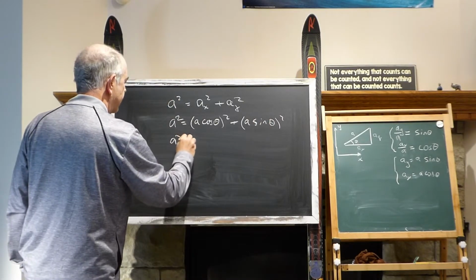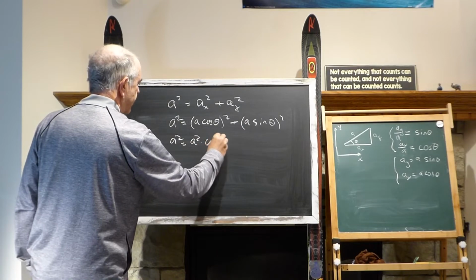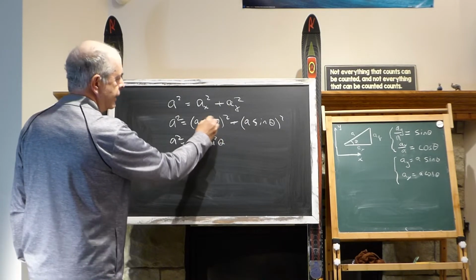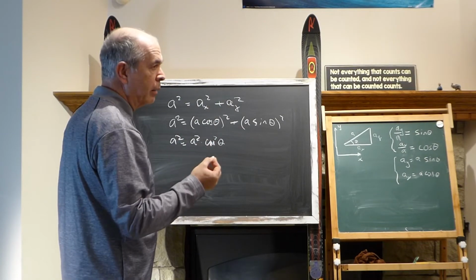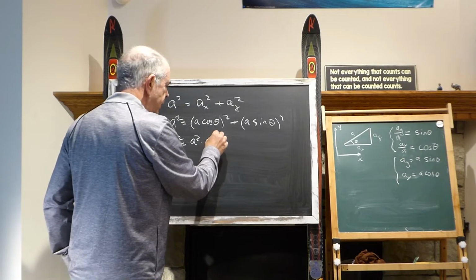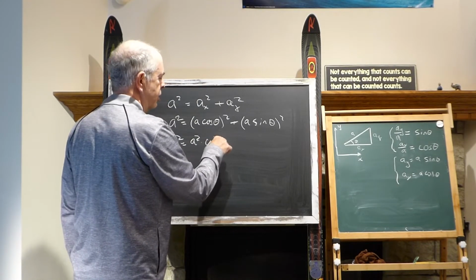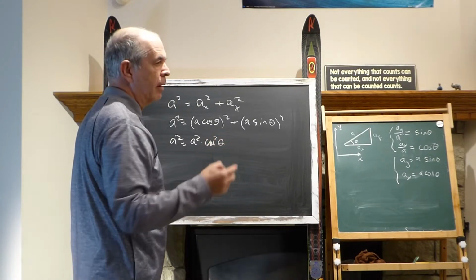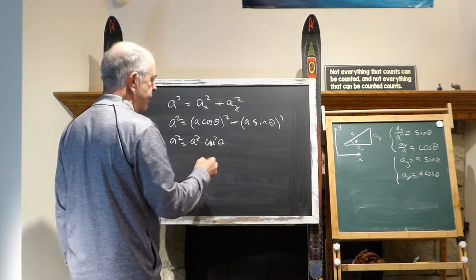A squared equals a squared cosine squared theta. Remember, cosine theta is just a number between -1 and 1. Maybe any number, but it's a number. So I don't put the square on theta, because this would mean theta 45 degrees or pi over 2 squared. We want cosine squared.